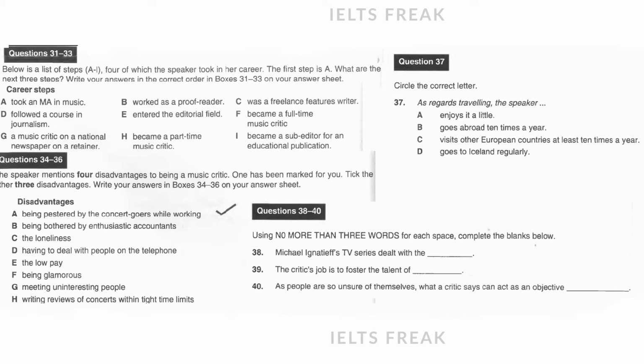Before the speaker delivers the next extract from her talk, look at questions 38 to 40.